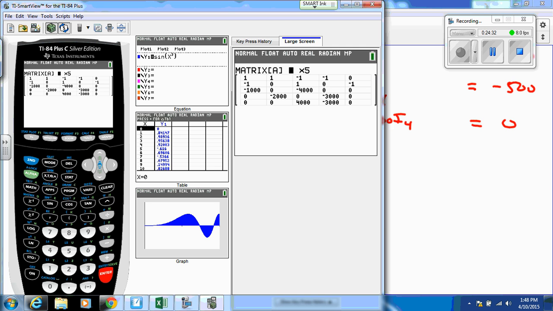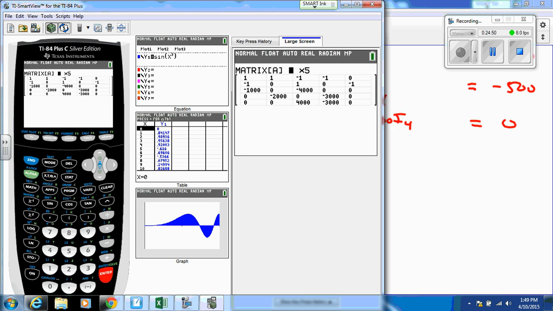Let's check your matrix A right here and see if it has the same values. First row should be 1, 1, minus 1, minus 1, 0. Second row should be -1, 0, 1, 0, -1.